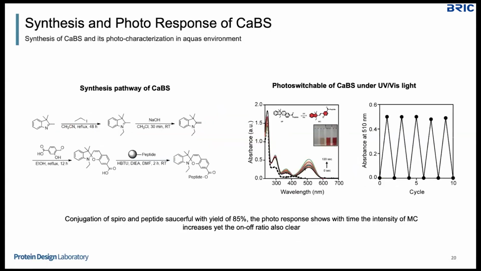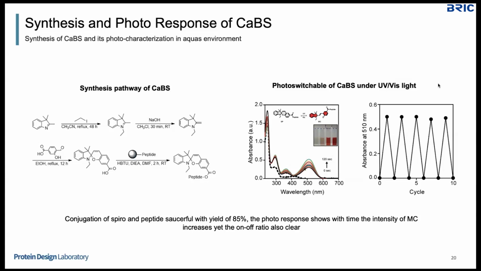Then to validate our design, we started with our experimental part. The first thing we had to do was synthesize the spiropyran with the peptide segment as one monomer. This synthesis has been done before, but spiropyran with a peptide was not much introduced.